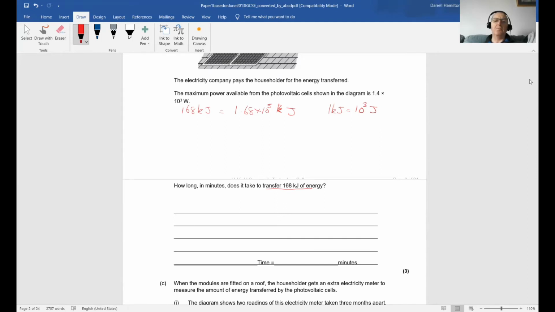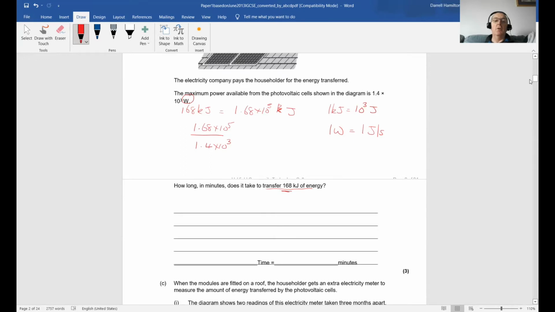So we are delivering 1.68 times 10 to the 5 joules here, and we're doing that at 1.4 times 10 to the 3 joules per second, because 1 watt is 1 joule per second.